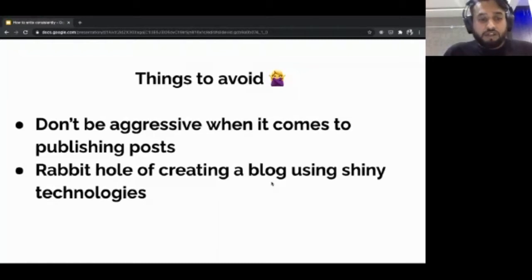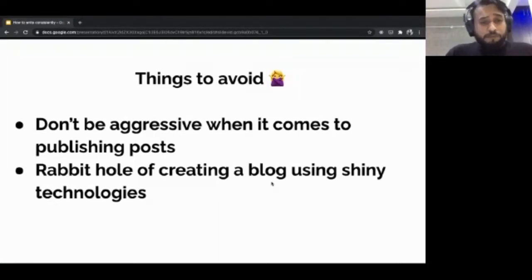Using those shiny new technologies that you're not completely comfortable or familiar with might create a huge amount of friction, and you might end up spending more time maintaining that blog instead of writing the different posts that you are planning to do for a long period of time, and that is not a healthy way to continue this routine and to develop a habit of writing in the long term.